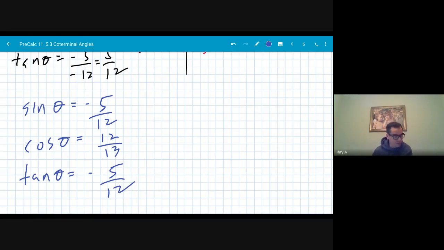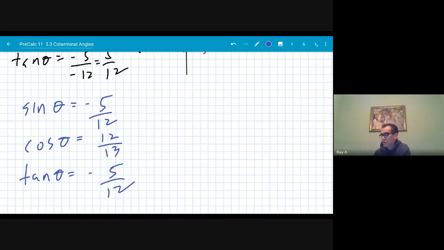Now what is the next one? To the nearest degree, determine the possible values of alpha when alpha is between 0 and 720. So what you're going to do is take the inverse trig of any of these values.